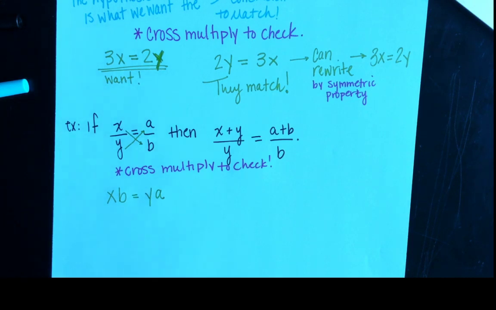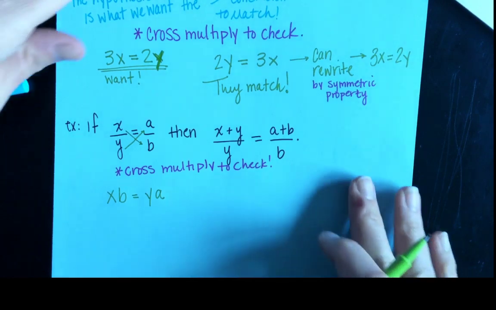All right, let's just take a look because I see we're not quite sure. We've got some no's, we've got a yes. So let's check. Instead of guessing, that's where the cross multiplication is going to come into play.